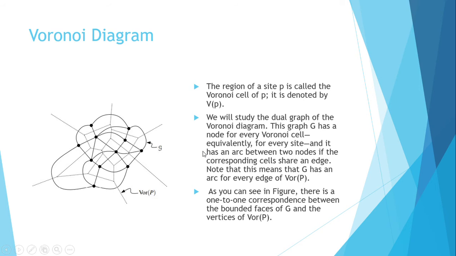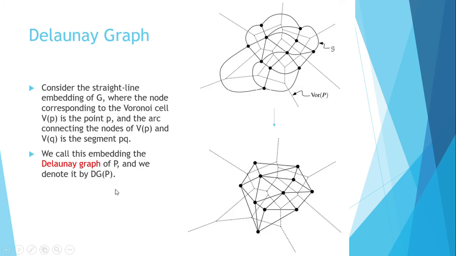So this is a Delaunay graph. After this is done, this is just the Voronoi diagram, and we can easily obtain a Delaunay graph from it. That is how these two are related. Consider each site point here.